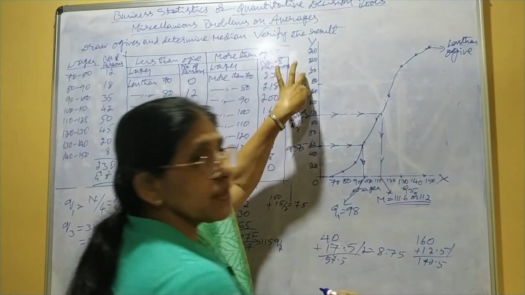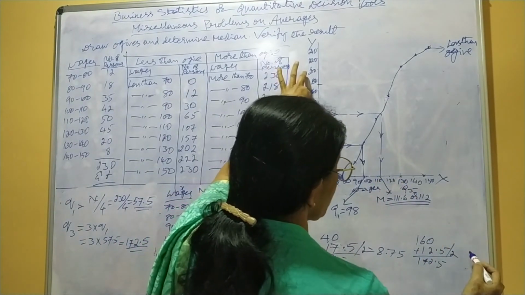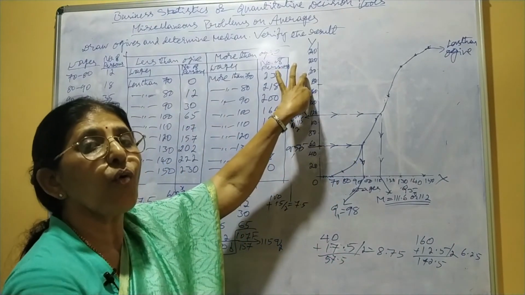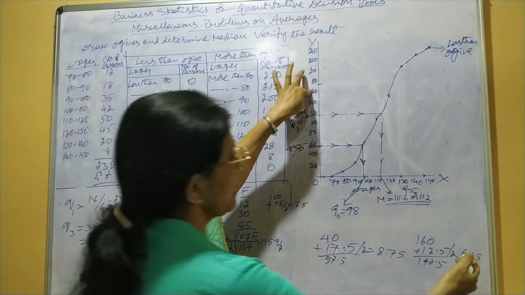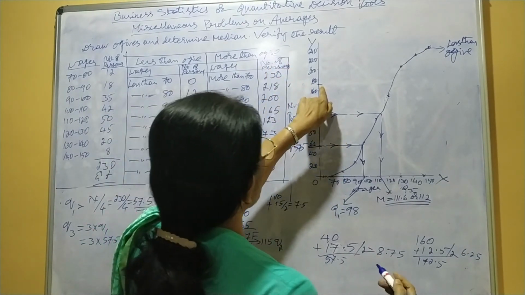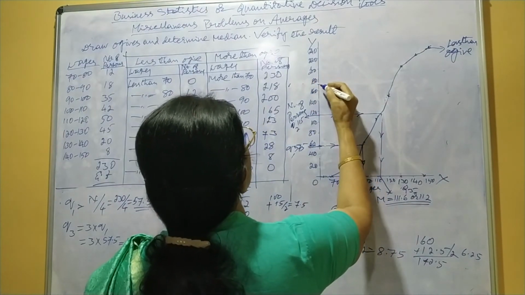How many millimeters do we have to take above 160? 12.5 divided by 2 is 6.25. We cannot take a quarter millimeter, so you may take 6, isn't it? Take 6 millimeters above 160.